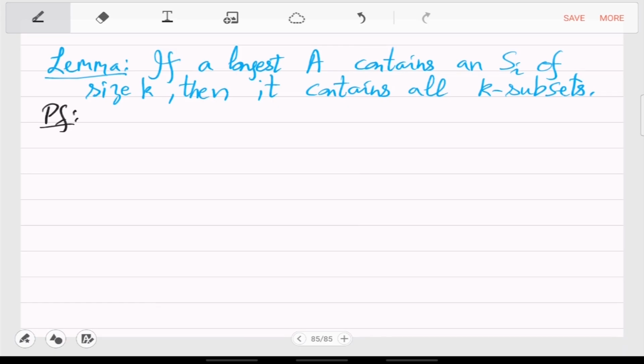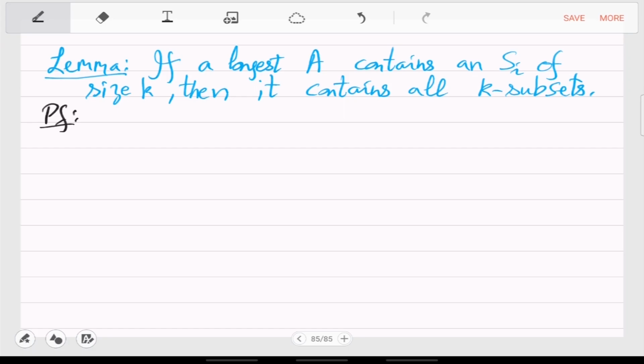Is it clear that if we prove this lemma, then Sperner's theorem is proved for the odd case, right? Because there will be two possibilities. Either your longest anti-chain contains some k subset, in which case it will contain all. So that was the classical example we gave.